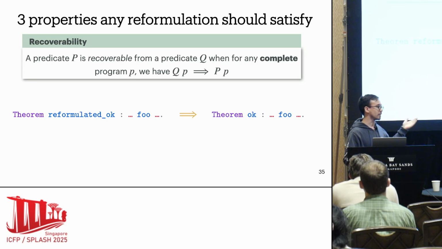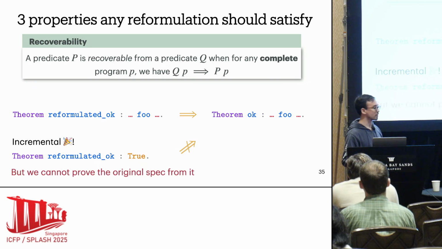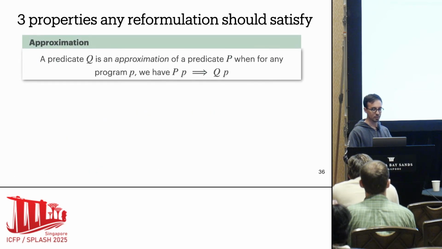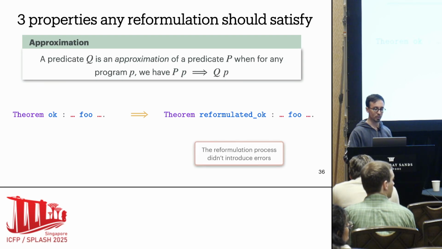In a very silly example, we could have the true predicate, which is incremental, that's great, but of course it doesn't say anything about our original specification. And finally, the third property is approximation, which says that the original predicate should imply the reformulated one. In essence, this is saying that the reformulation process should not introduce any errors.